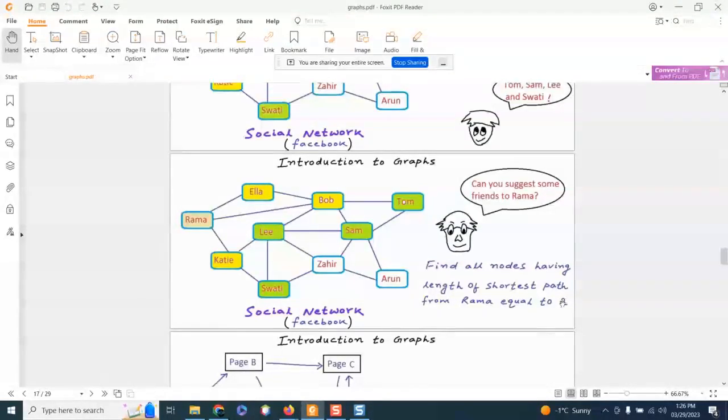If I change this question for a short period of time to 1, Rama has one friend Ela, one friend Katie, and one friend Bob, each with the shortest distance of 1. So if I put a weight here, this is a direct connection with the distance of 1.